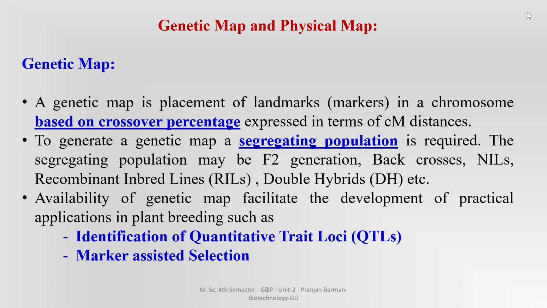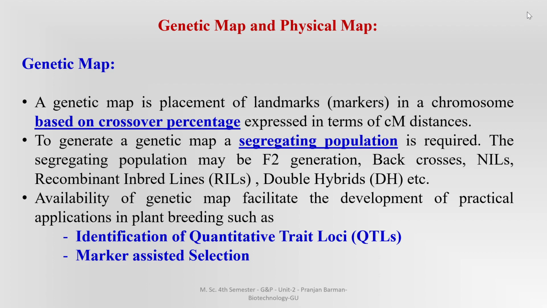Now a genetic map and a physical map. In case of your genetic map, two things. Genetic maps are based on crossover percentage in a population. So you need a segregating population.